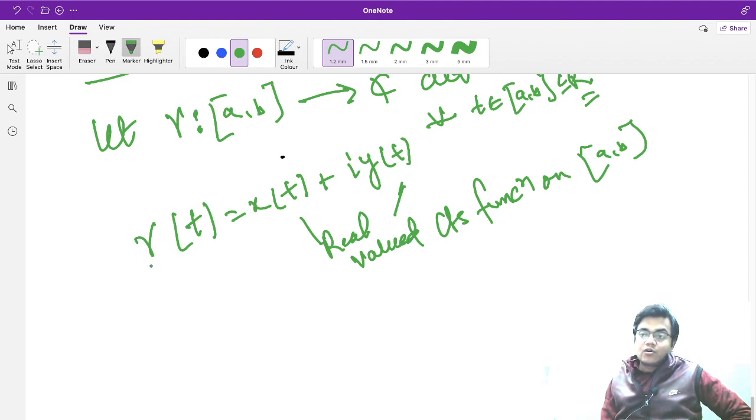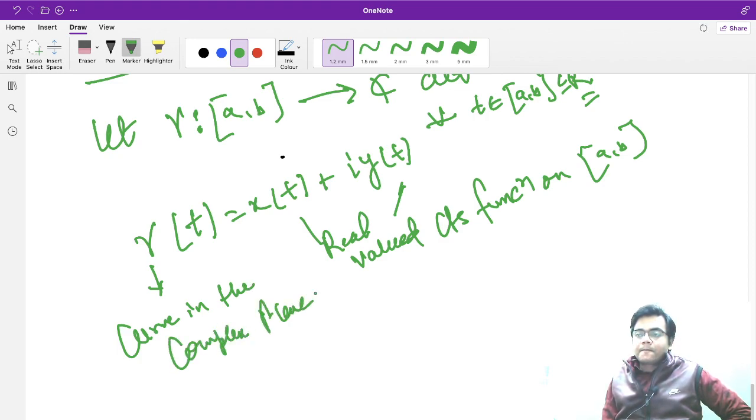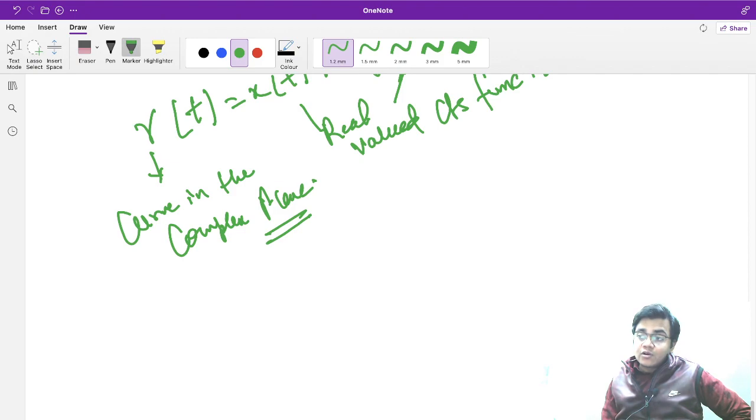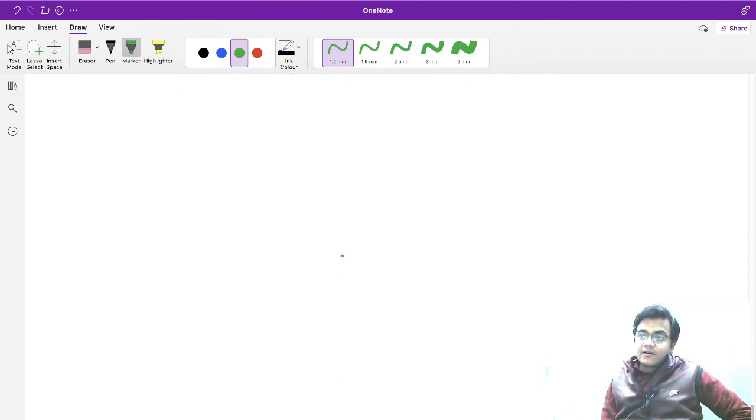And this gamma is called a curve in the complex plane. But which kind of curve will there be? When shall you say that your curve is closed? When shall you say it is a Jordan arc? When shall you say it is a Jordan curve? All these things are going to be discussed.